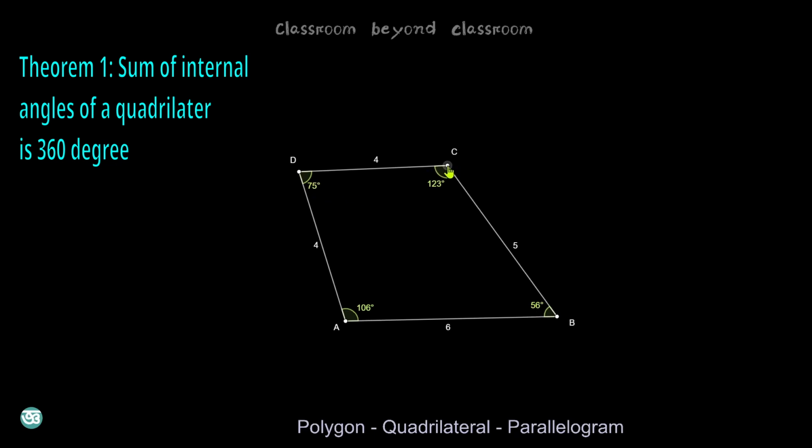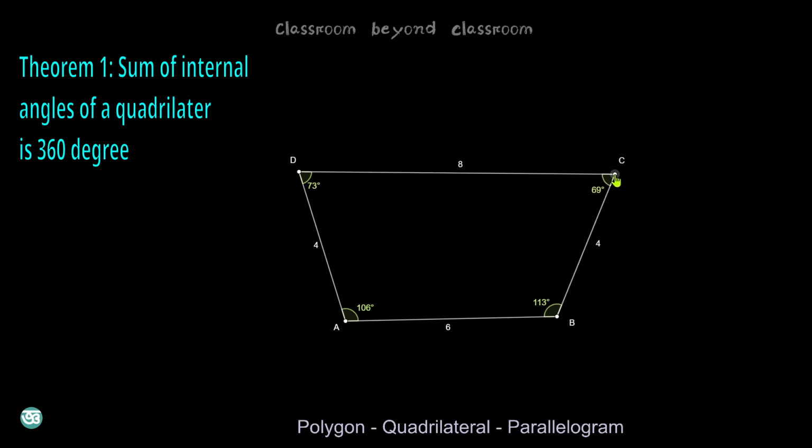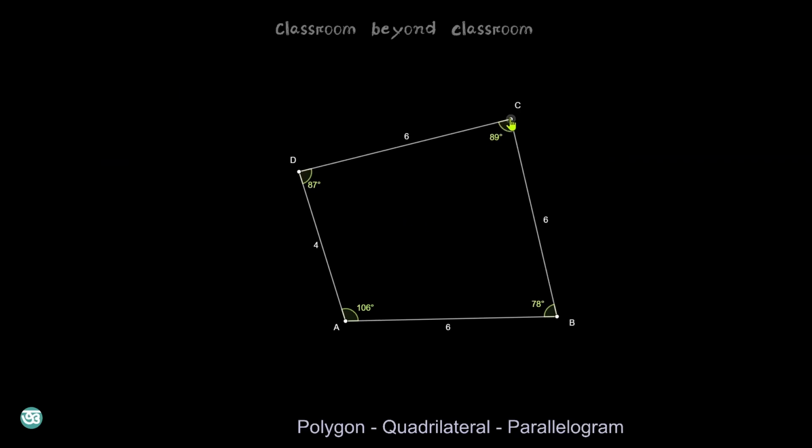So this way we can construct any number of polygons or quadrilaterals by changing the position of the vertex. Whatever be the position of the vertices, the sum of the internal angles is always 360 degrees. Now if it is like this, we call it a convex polygon because all the internal angles are less than 180 degrees.